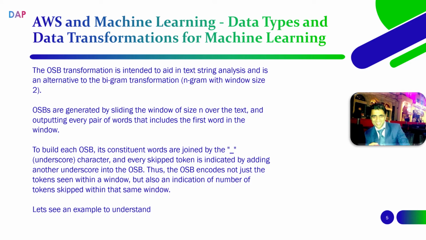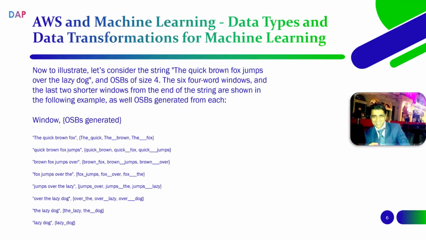And every skipped token is indicated by adding another underscore in the OSB. Thus, the OSB encodes not just the tokens seen within a window, but also an indication of the number of tokens skipped within that same window. So let's see an example to understand what we have just read.